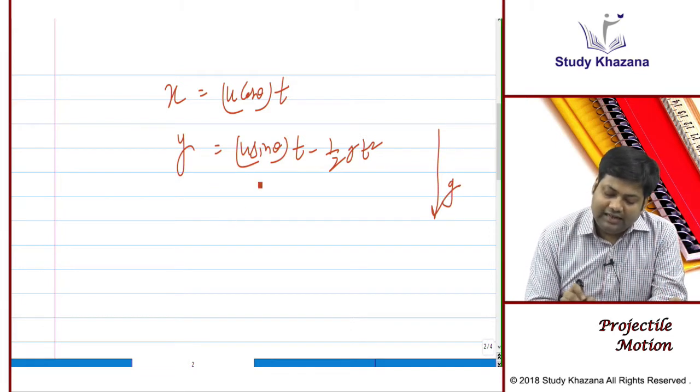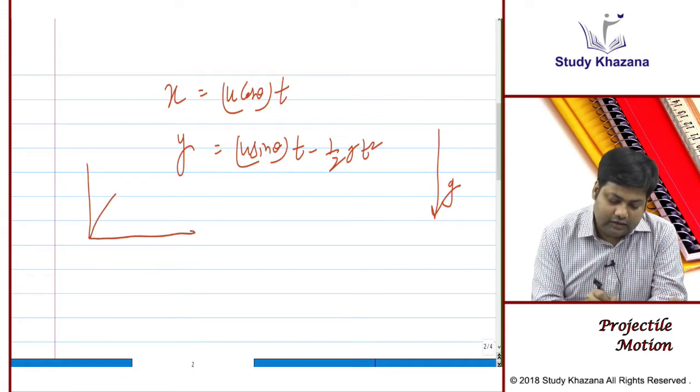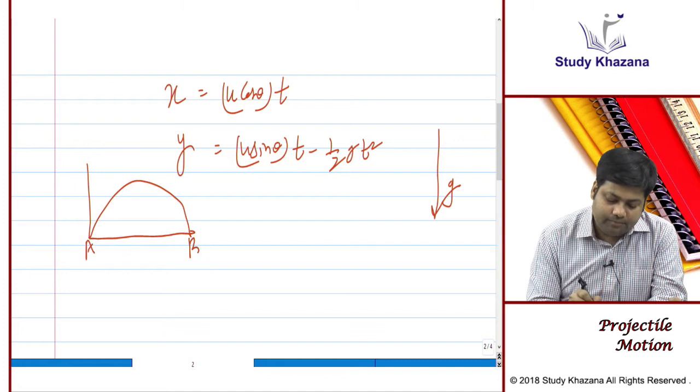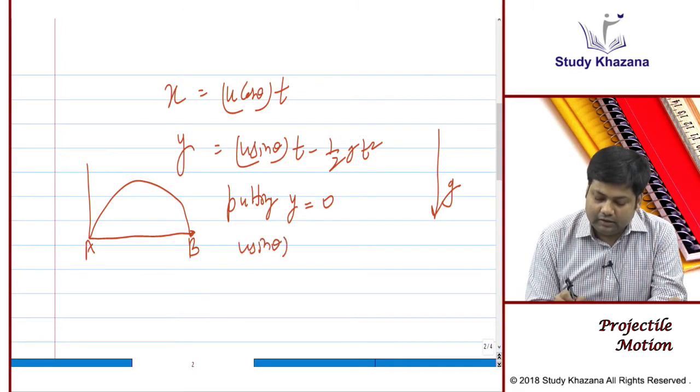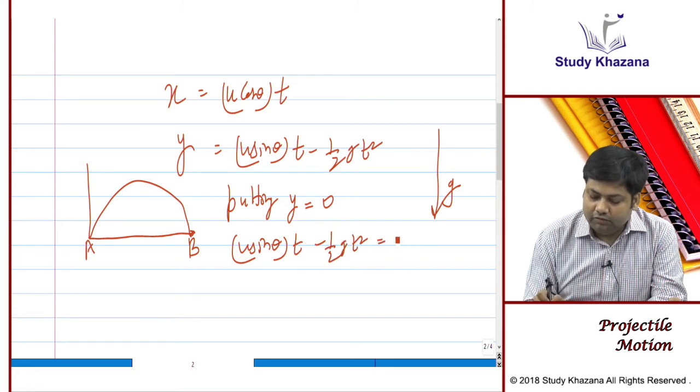Now if we analyze this, if you look at the motion again, there is a point at which the motion starts, A, and a point at which the motion ends, B. At both A and B, the y coordinate is 0. So putting y equal to 0, we get u sin theta into t minus half g t square equal to 0.